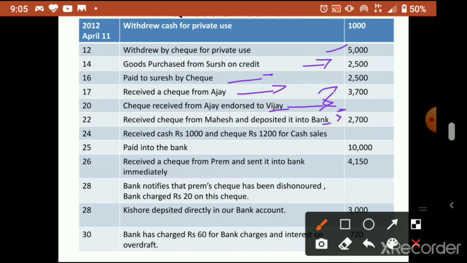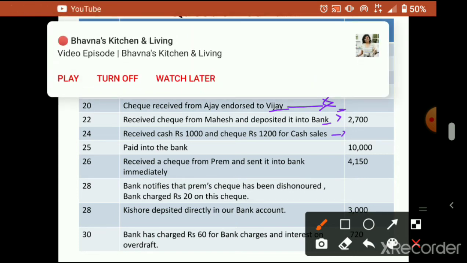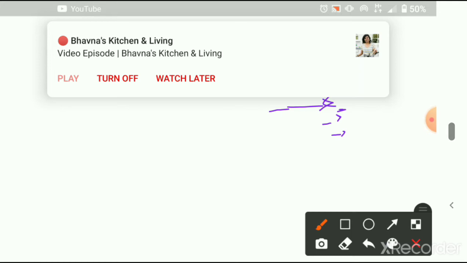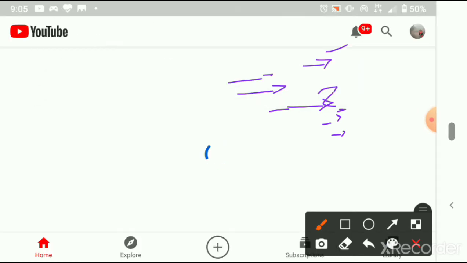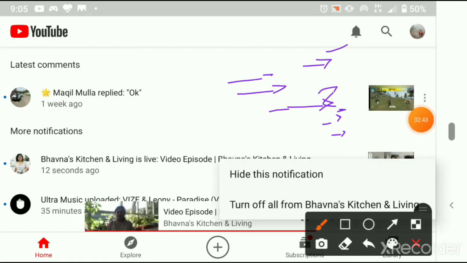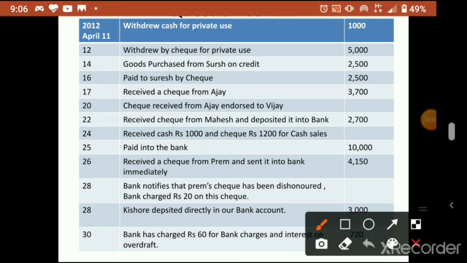Received cash 1000 and check 1200 for cash sales. We have done sales, and it is deposited another day.